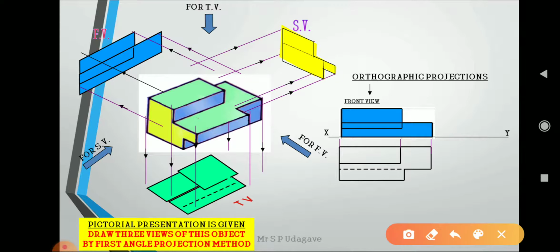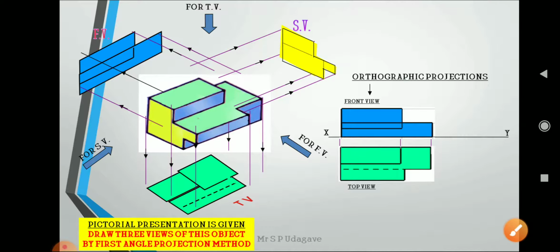In the top view we can observe the rectangles, and this dotted line represents the non-visible part in the top view, related to this edge, the extended portion below that has the edge, which we cannot observe in the top view. So we draw that invisible part with the help of a dotted line.